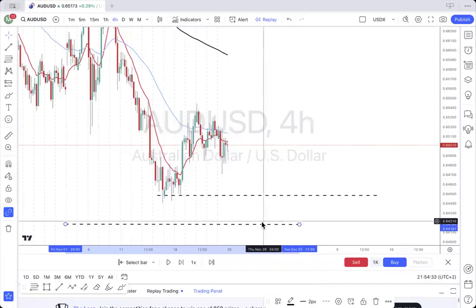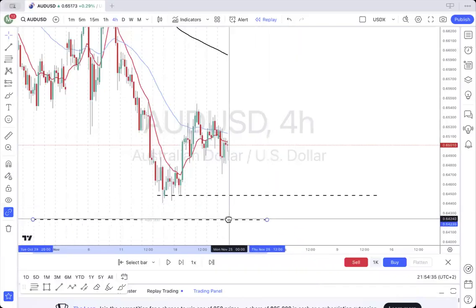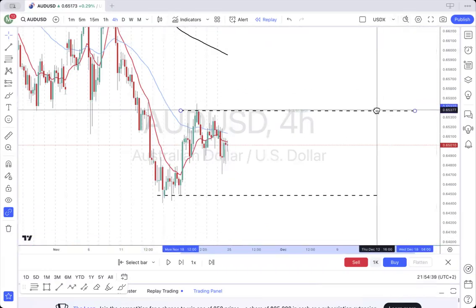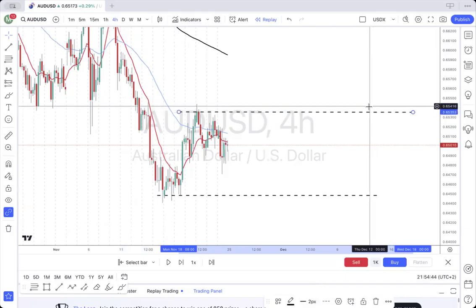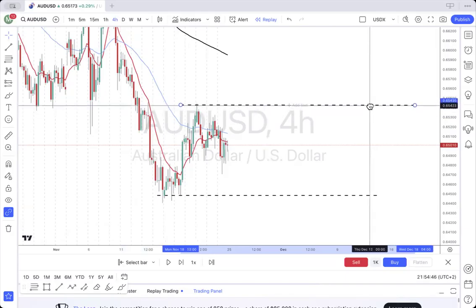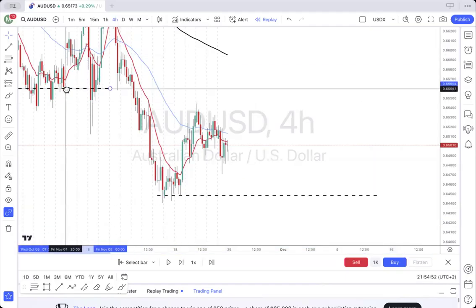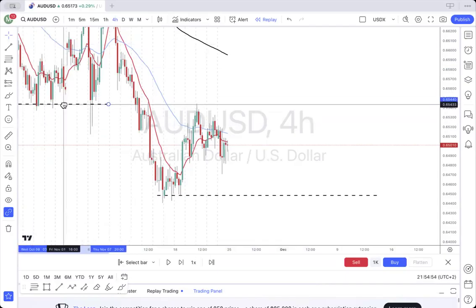Even your take profits as well, instead of putting them on the wicks, put them on the body of the candle. Don't put your take profits on the wicks, because if you put it on the wicks here, you might not get your take profit hit. There is a high chance. So the same applies. You're selling there, and if you put it there, your take profit gets hit.